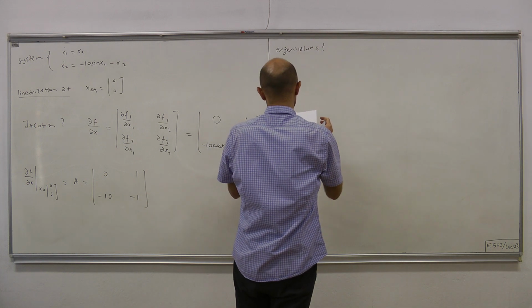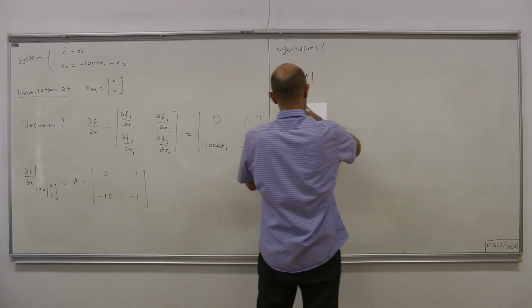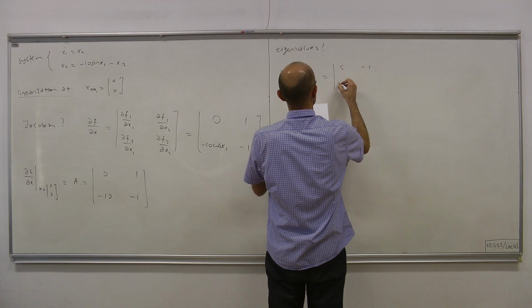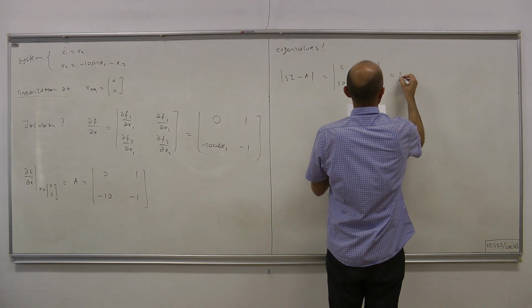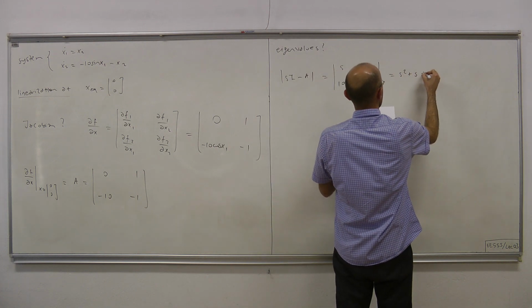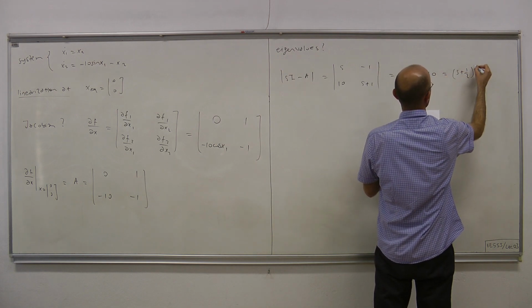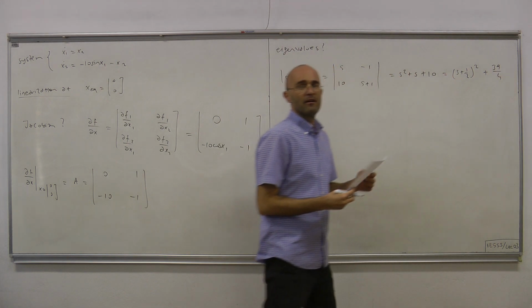The determinant of sI minus A is s minus 1, 10, s plus 1, that's s squared plus s plus 10, which can be written as s plus 1/2 squared plus some positive number.